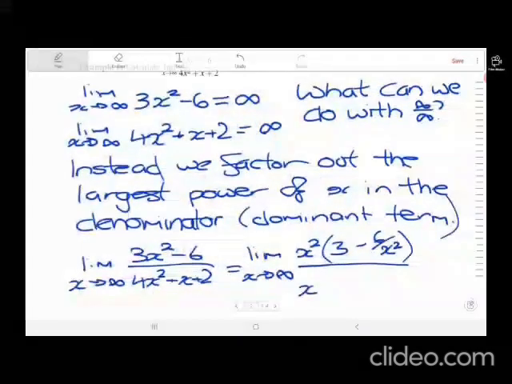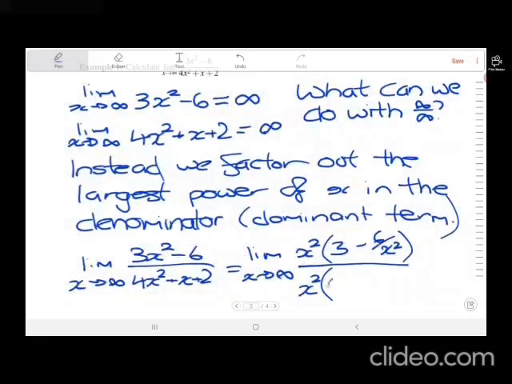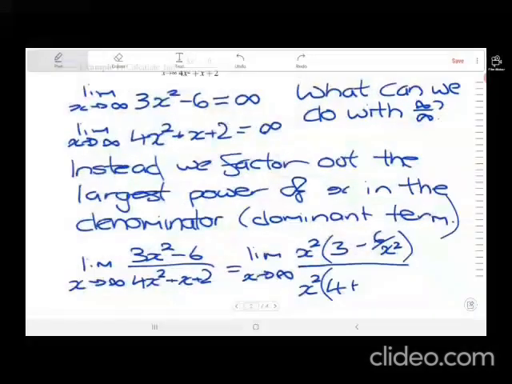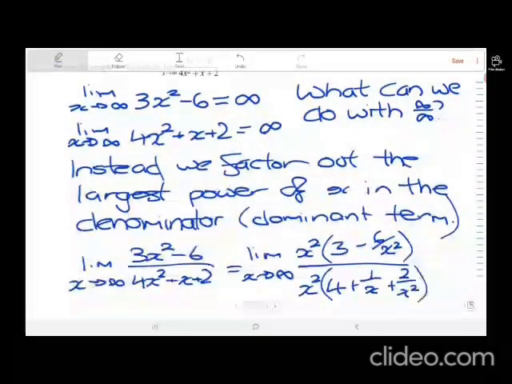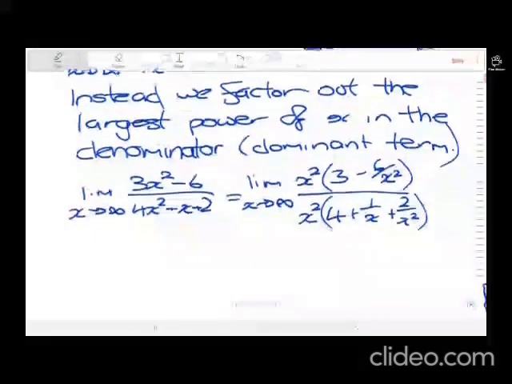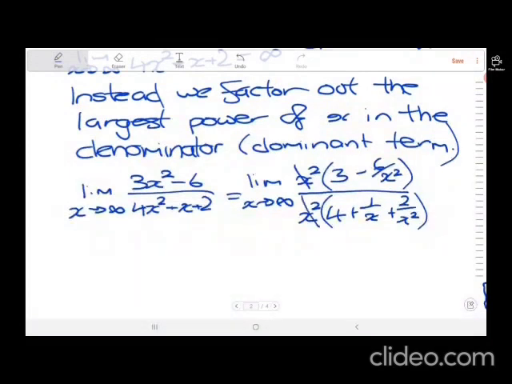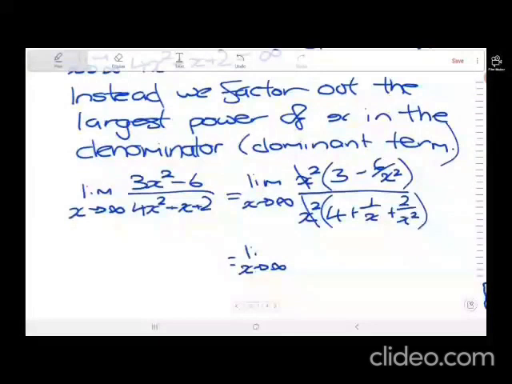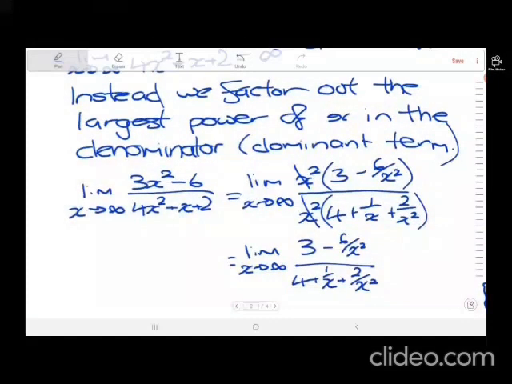And in the denominator, we have x squared multiplied by 4 plus 1 over x plus 2 over x squared. And, well, we can cancel out these x squareds. So we're left with the limit as x goes to infinity of the other factors. So 3 minus 6 over x squared divided by 4 plus 1 over x plus 2 over x squared. And this is equivalent to the limit that we started with.